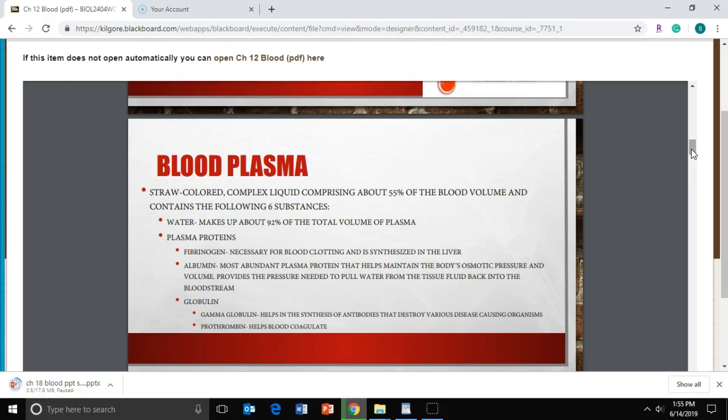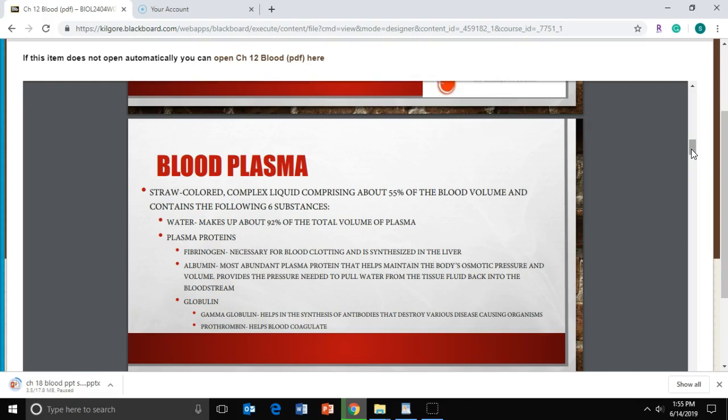One example of a protein in plasma would be fibrinogen, which is normally in plasma and is necessary for blood clotting. This is made by the liver. Also, albumin is a plasma protein, and this is going to be important for maintaining osmotic pressure within the blood. It's the most abundant of our plasma proteins.